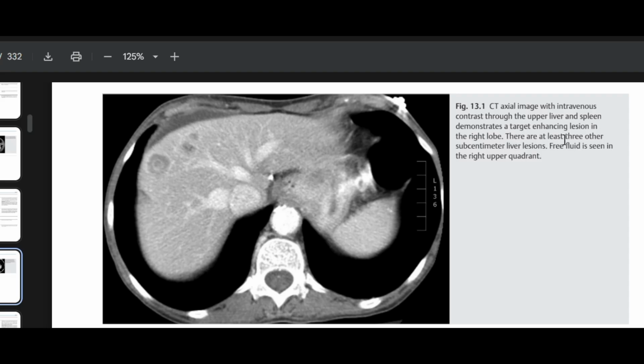There are at least 3 other subcentimetric liver lesions.